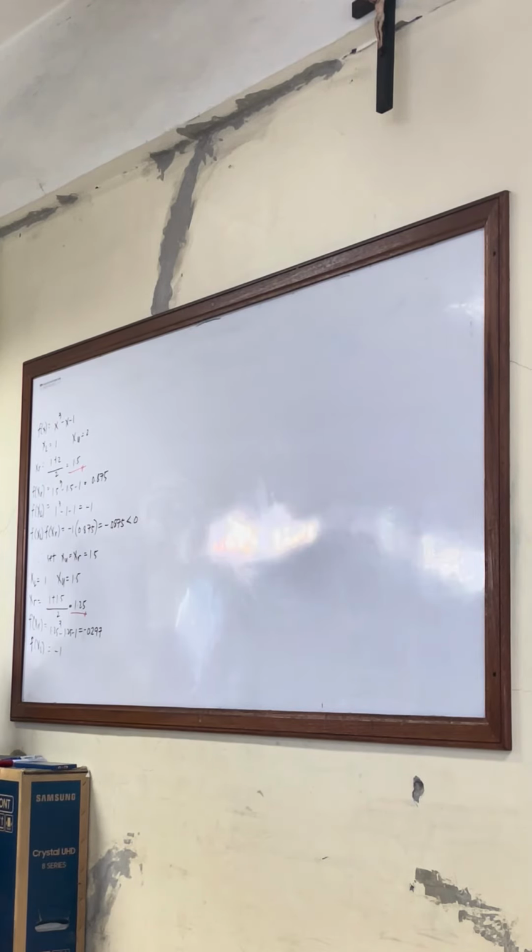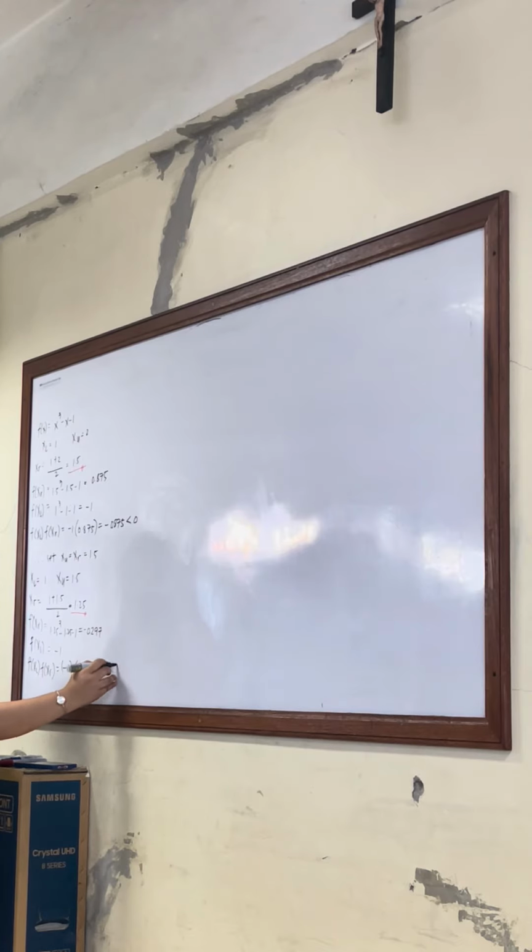Okay, so multiply. Negative 1 times negative 0.297 is positive 0.297, which is greater than 0.